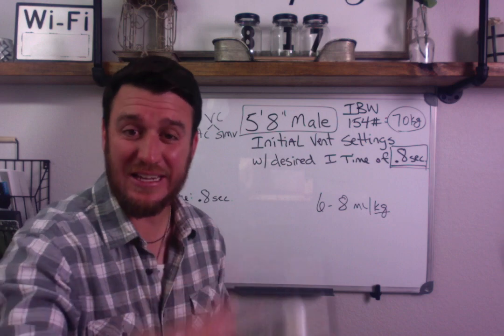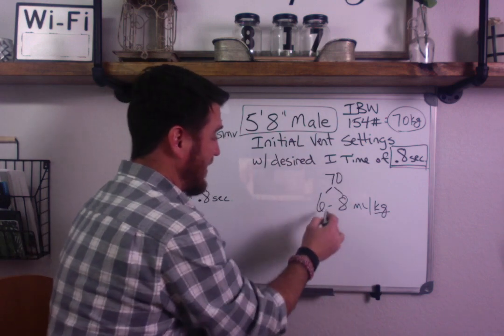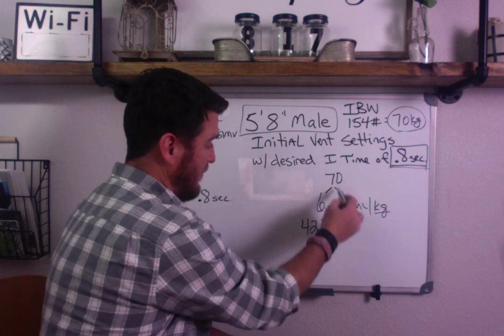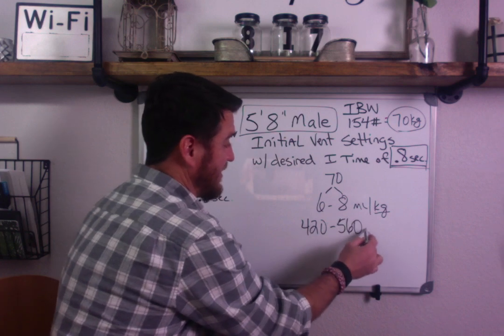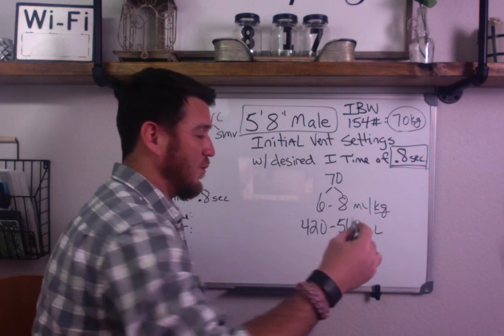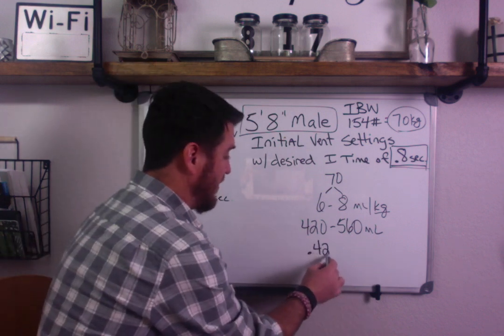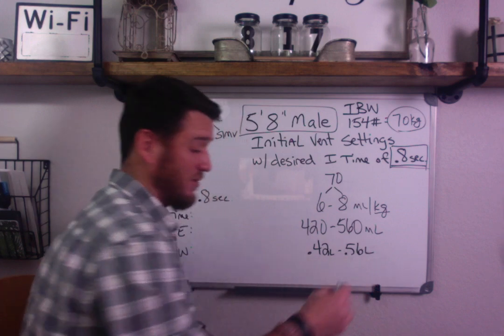Now, with that 70 kilograms, we can come down here and say 70 multiplied by 6, which is 420. We can multiply it by 8, and we get 560 milliliters. When we turn that into liters, we're talking 0.42 liters up to 0.56 liters.